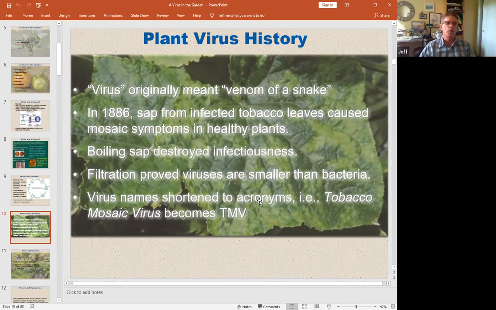Boiling destroyed the infectiousness, so they knew it was an infectious agent. Filtration small enough to take out bacteria, the viruses moved through, so they're smaller than bacteria. And now, instead of saying the entire name like tobacco mosaic virus, we just say TMV to be cool.